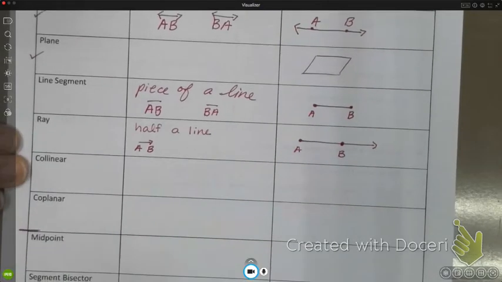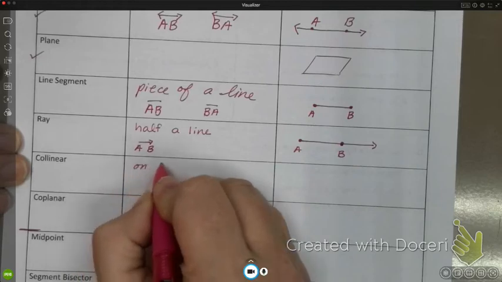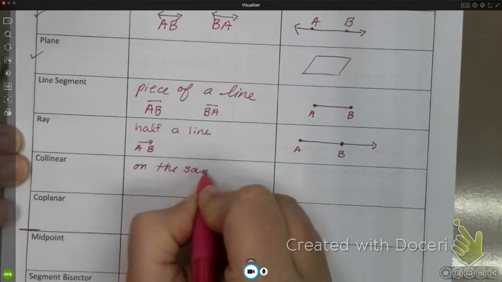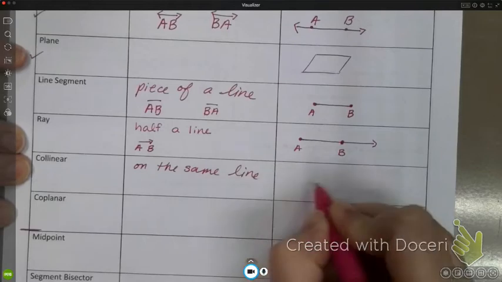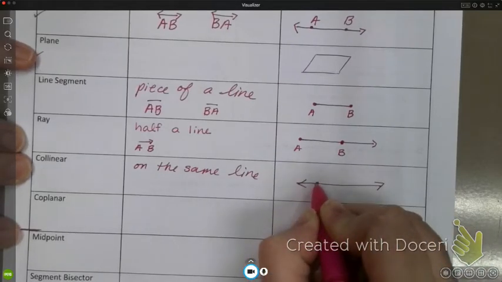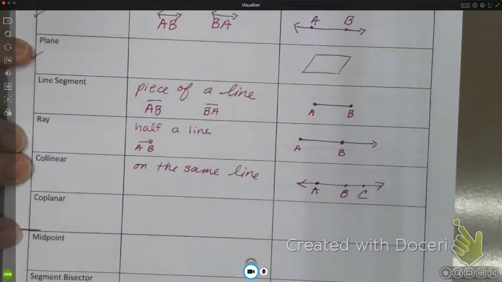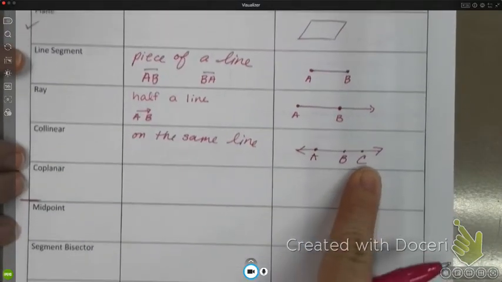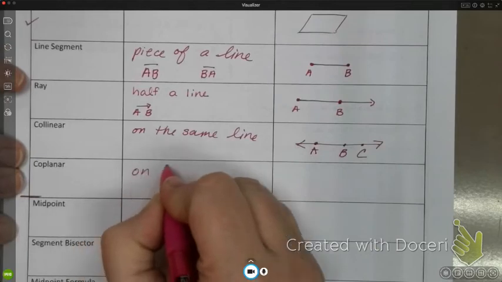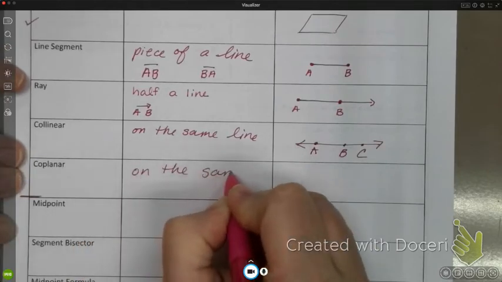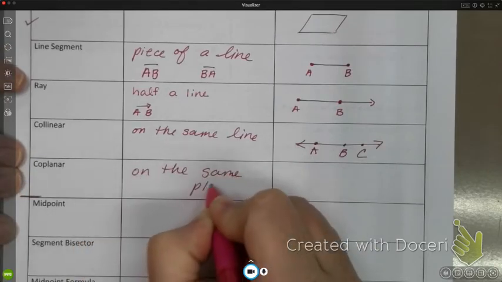Okay, collinear we know is on the same line. So if I was looking at my lines up there, A, B, and C are all collinear right here. If I look at coplanar, on the same plane.